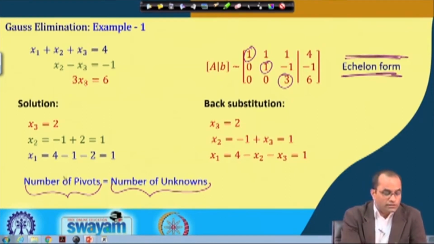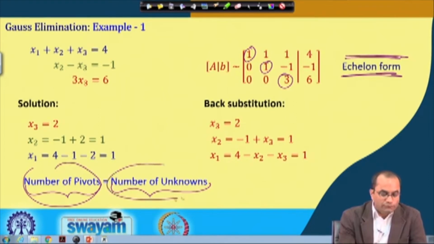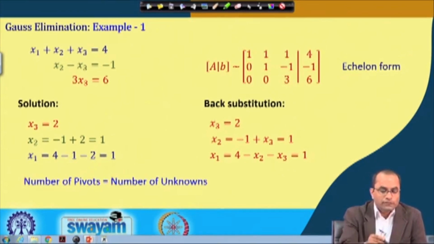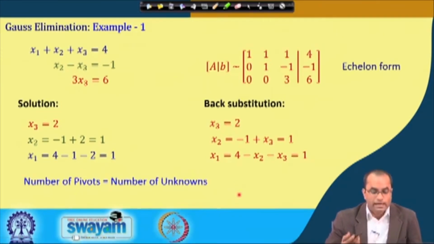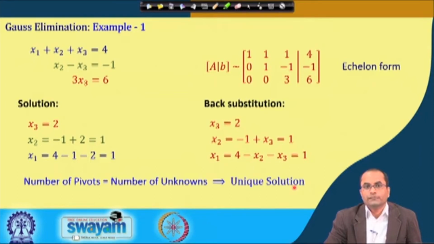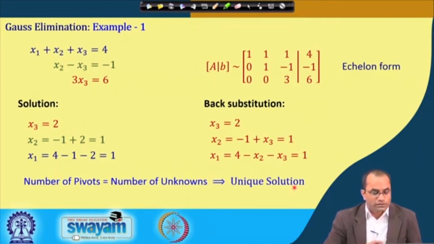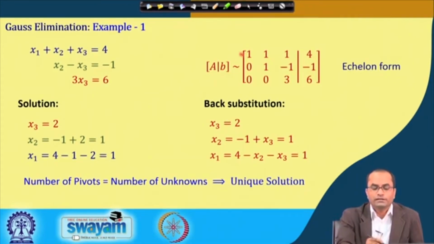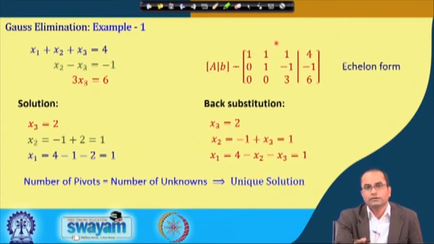So, if the number of pivots is equal to the number of unknowns, then we have exactly the unique solution. This is the case of the unique solution, because our number of pivots is equal to the number of unknowns, or in other words we say, because each column is associated with one variable.